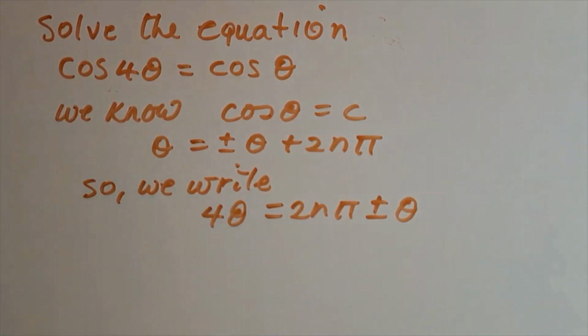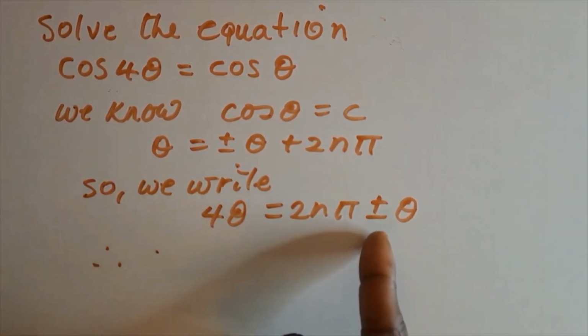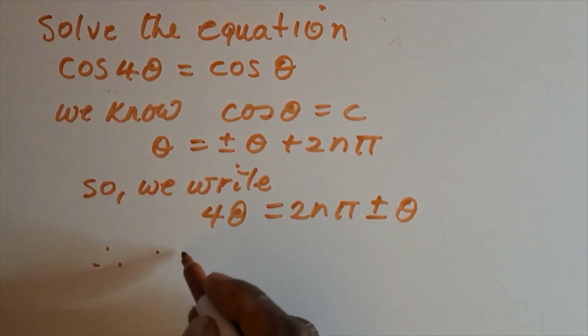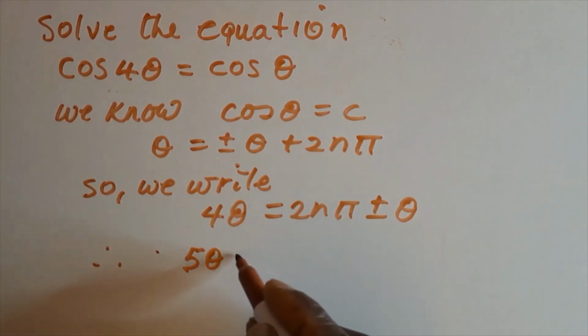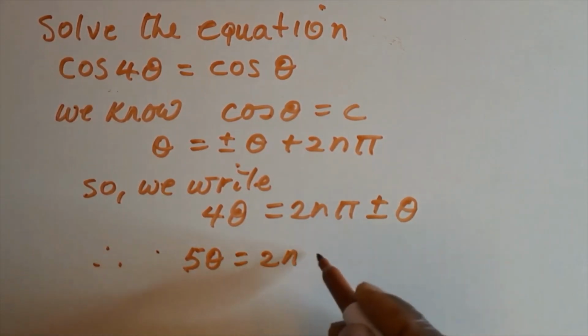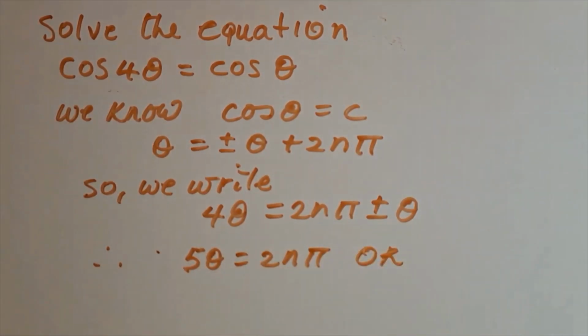And so we have two options here. We can write that we have 4 theta with minus theta will give us 5 theta, and that's equal to 2n pi. Or we can have 4 theta with plus theta.